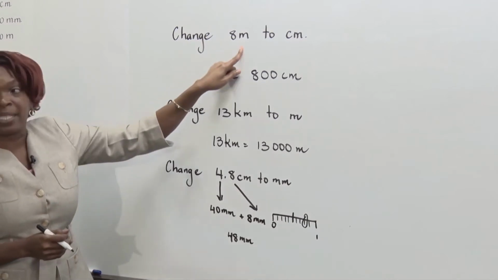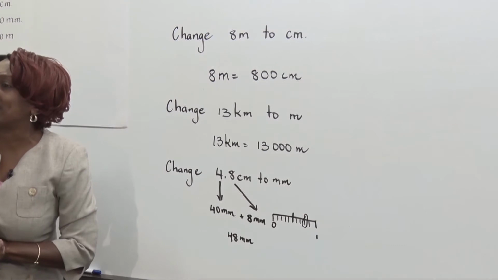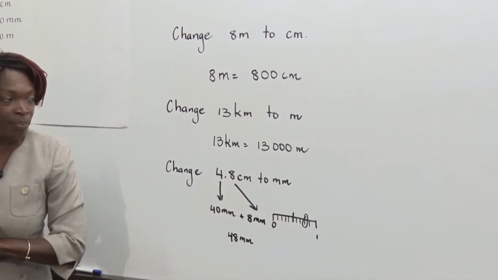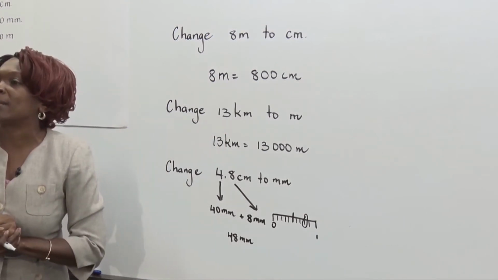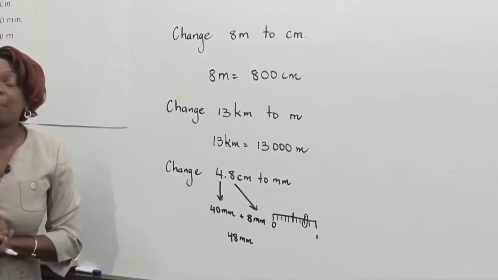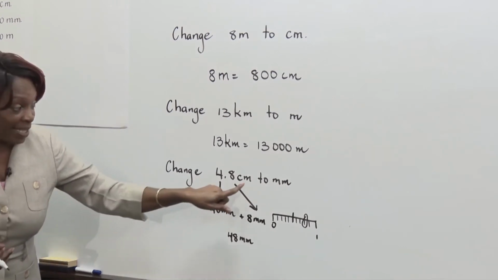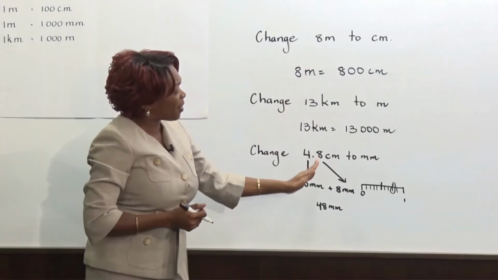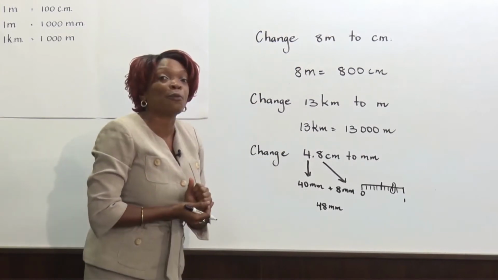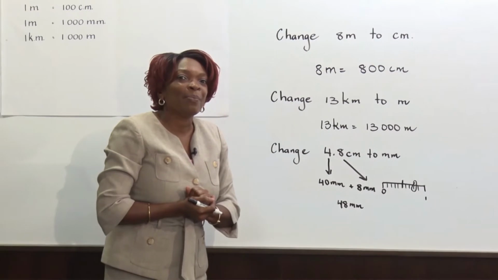Yes, the meters. Change 13 kilometers to meters. Which one is larger? Yes, the kilometers. Finally, change 4.8 centimeters to millimeters. Which one is larger? Yes, the centimeters. So all of them have the larger unit first to be changed to the smaller unit.